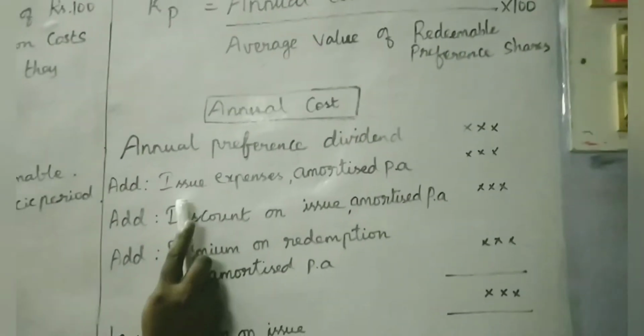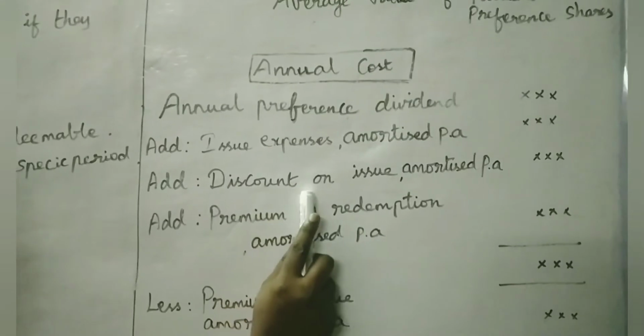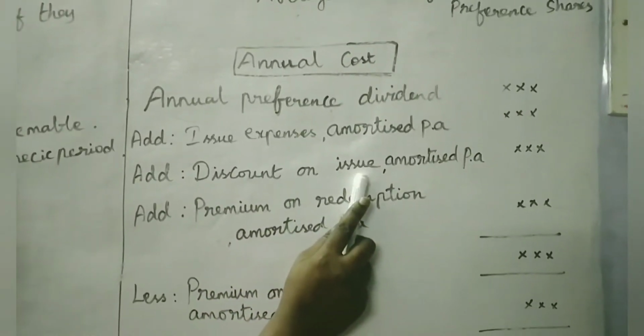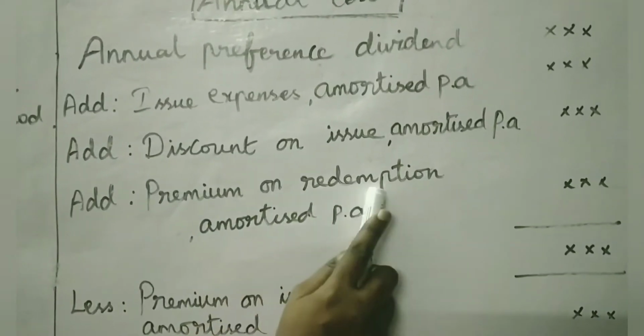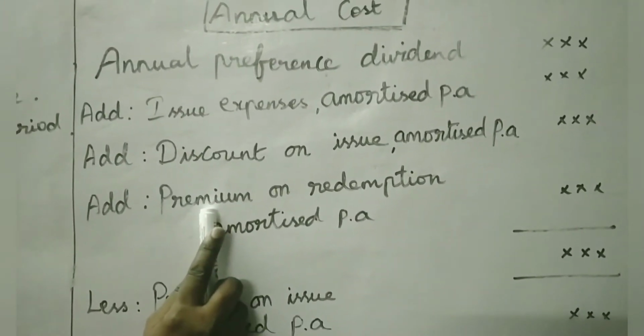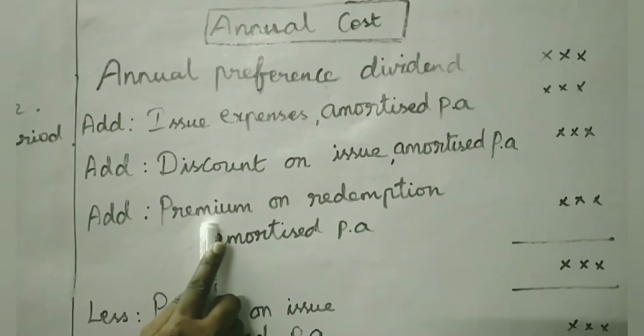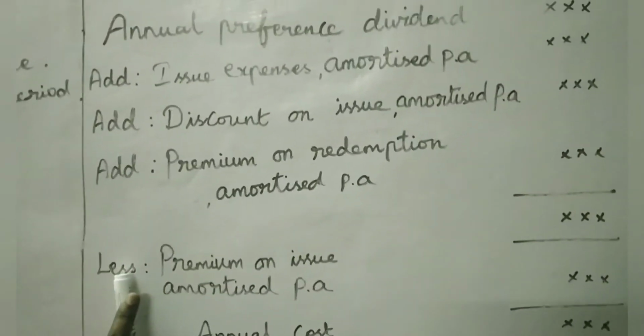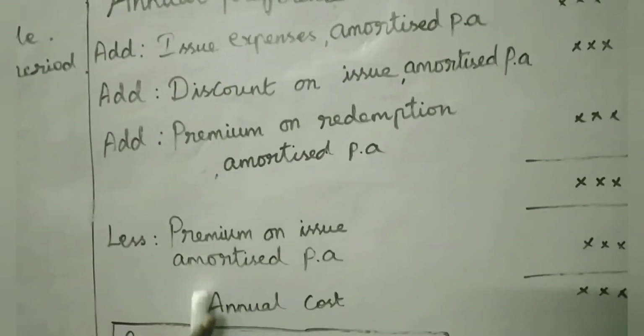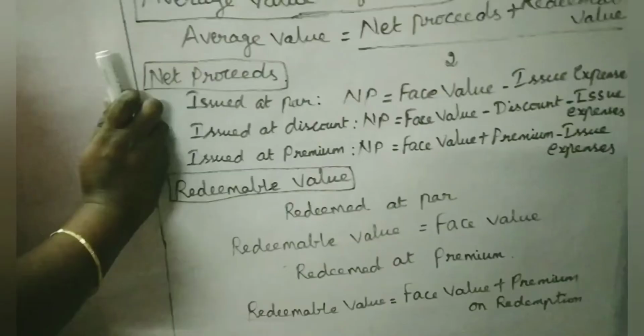With that, add issue expenses. If the issue is at discount, add the discount amount. If the redemption is at premium, add the premium amount. If the issue is at premium, deduct the amount of premium. We will arrive at annual cost.